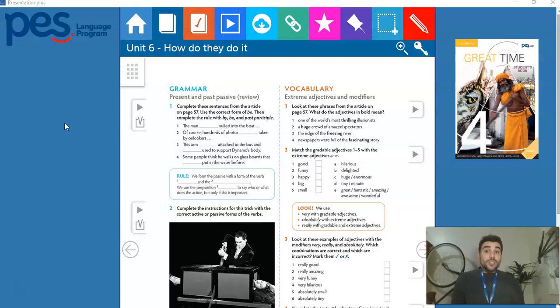So, just before we go into the exercises, it's very important to remember what's the difference between active voice and passive voice, okay? An active voice means that we have a subject doing an action in relation to an object, right?